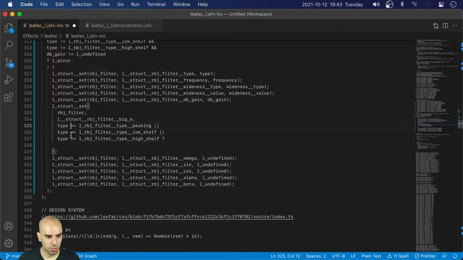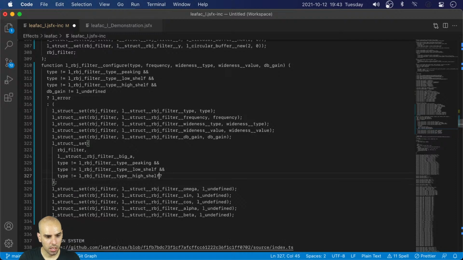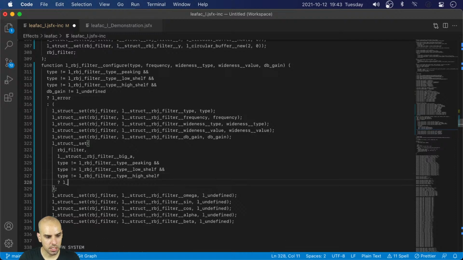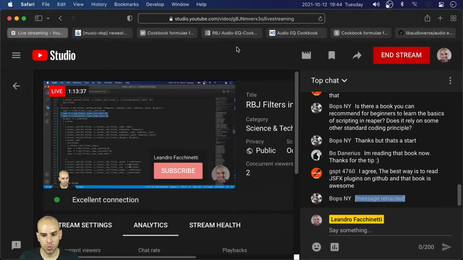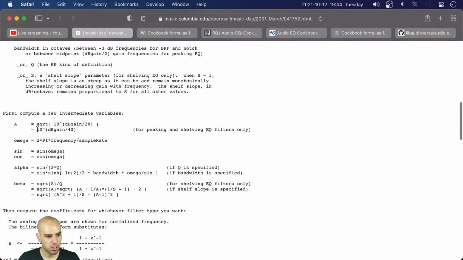Or maybe I would just do it the other way around, like I had to begin with, for symmetry with this chunk of code here. So if my type is different from peaking and low shelf and high shelf, what is my big A? It is undefined. Otherwise, I need to use the little formula that we had, which is this formula.